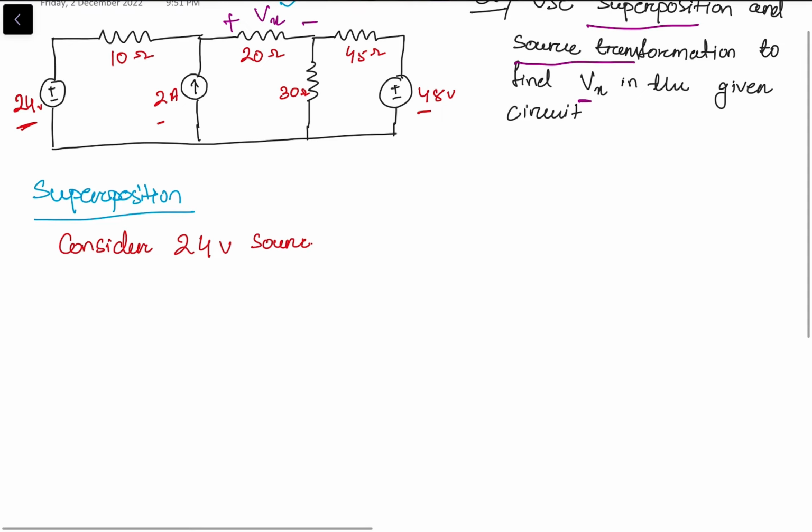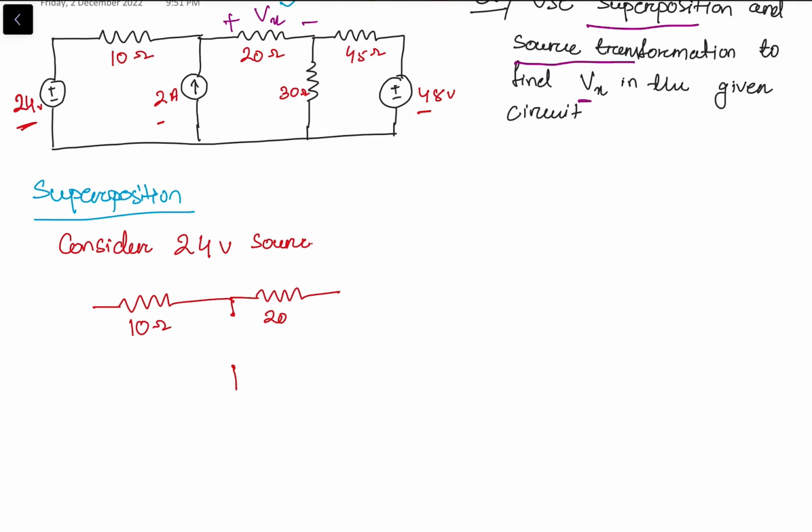So, I have to redraw the circuit now. If I redraw it, the circuit will look like this. This is my 10 ohm, here I have the open circuit, and here my 20 ohm is there, and here I have to find Vx1.